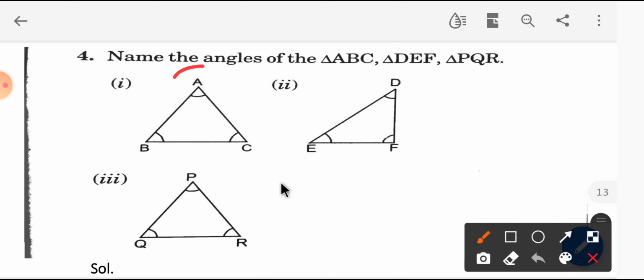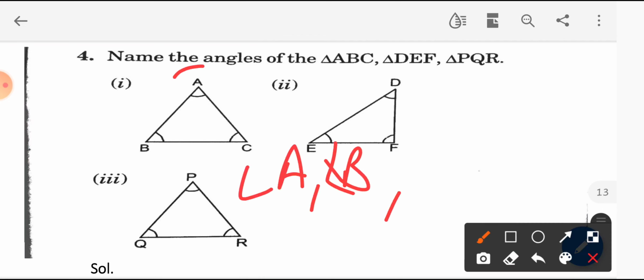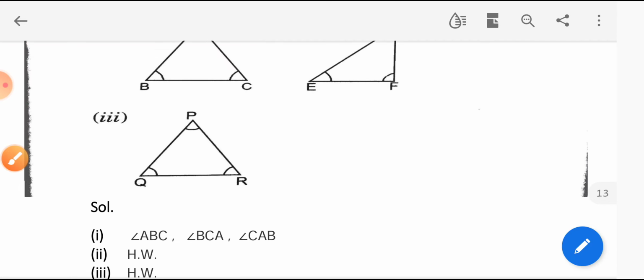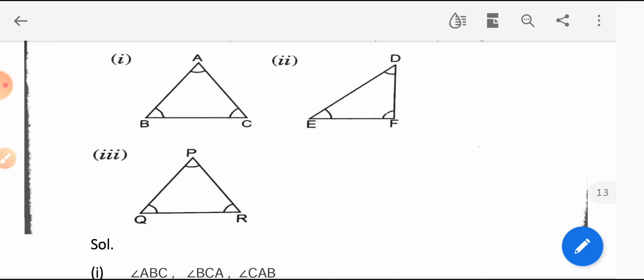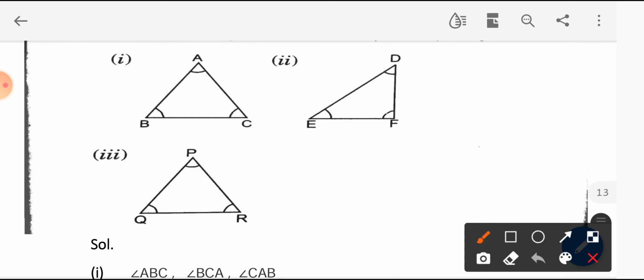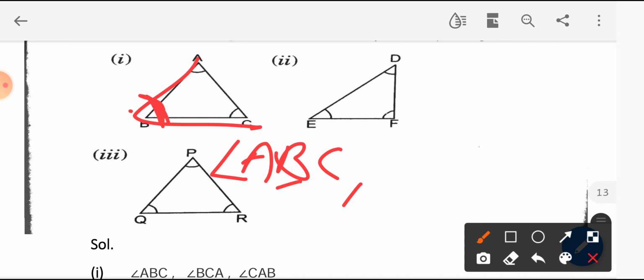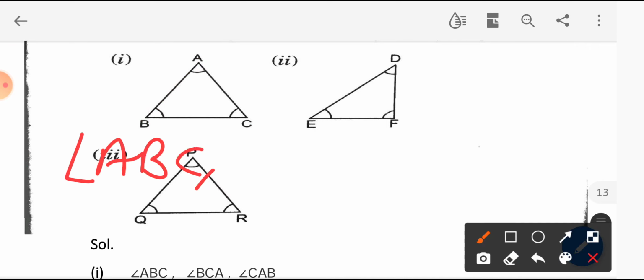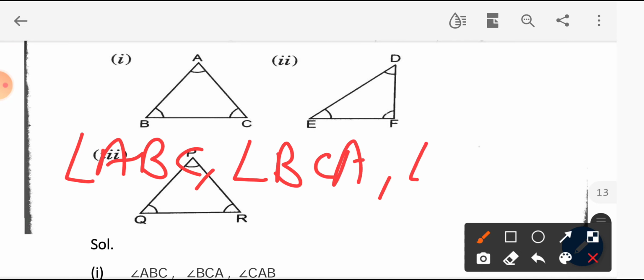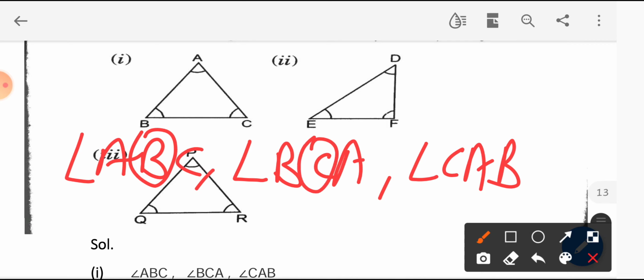Total 3 angles: angle A, angle B, angle C. But how can we write them in the form of an angle? If we want to denote any angle, we bring the vertex to the center. So there are 3 different ways: angle ABC, angle BCA and angle CAB. See the center point here: angle B, angle C and angle A.